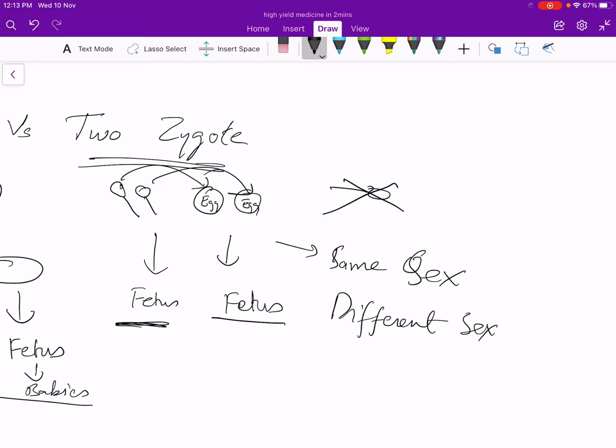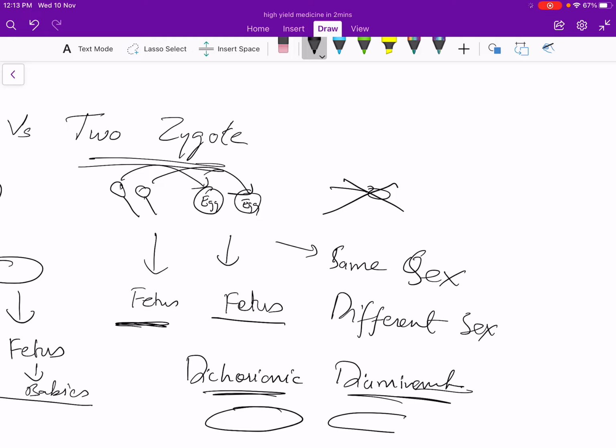It is not monozygotic. Most dizygotic pregnancies have dichorion and diamnion. This is the most likely combination, which means both babies have their own chorion and their own amnion.